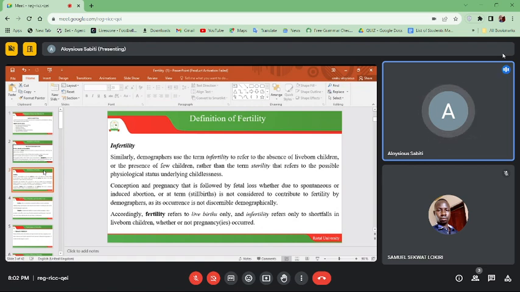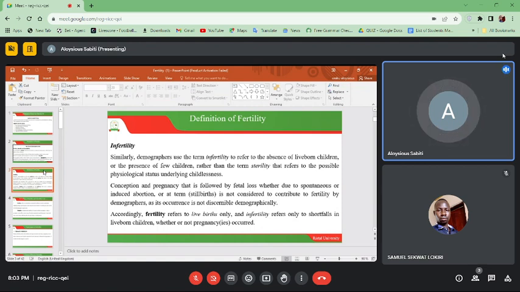Because if someone had a stillbirth, then the person is not sterile, meaning physically the person is able to produce, but this death, the spontaneous death, does not also contribute to a live birth.